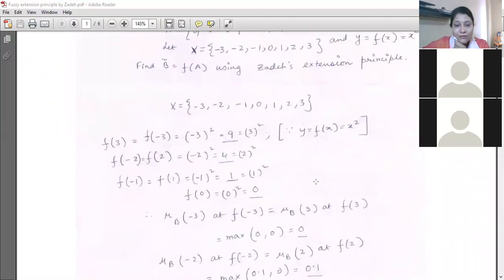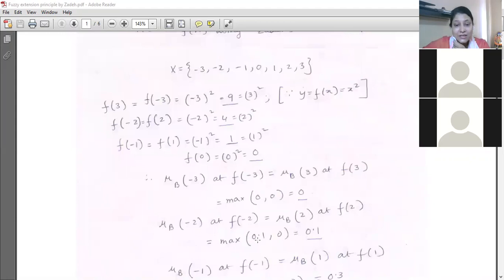Then if you take this 0.1 and 0, and you take the max between these two values, you will have 0.1. So this is now the new degree of membership which is associated with your linguistic value of 4, which is coming from the -2 and +2, these two linguistic variables of the fuzzy set A.